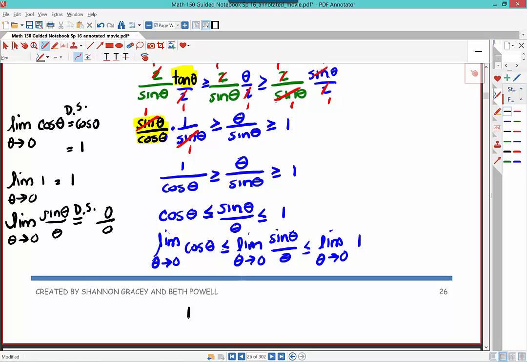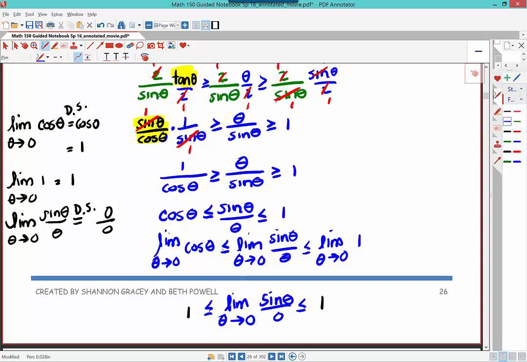So that has to be less than or equal to the limit as theta approaches 0 of sine theta over theta, which has to be less than or equal to that other limit, which is also 1.